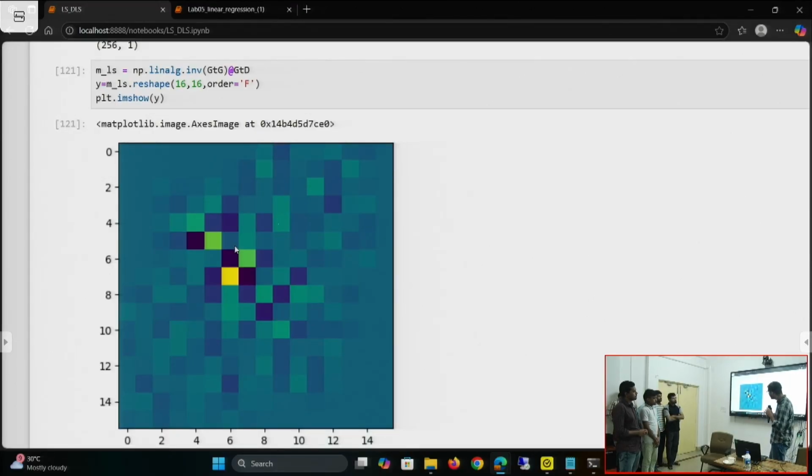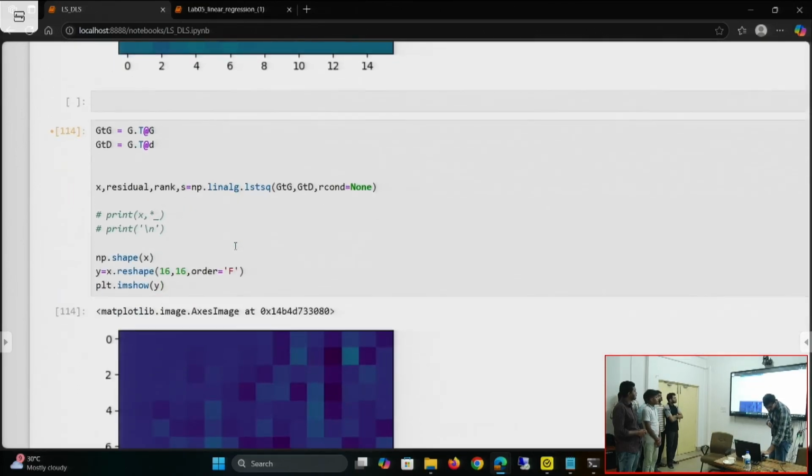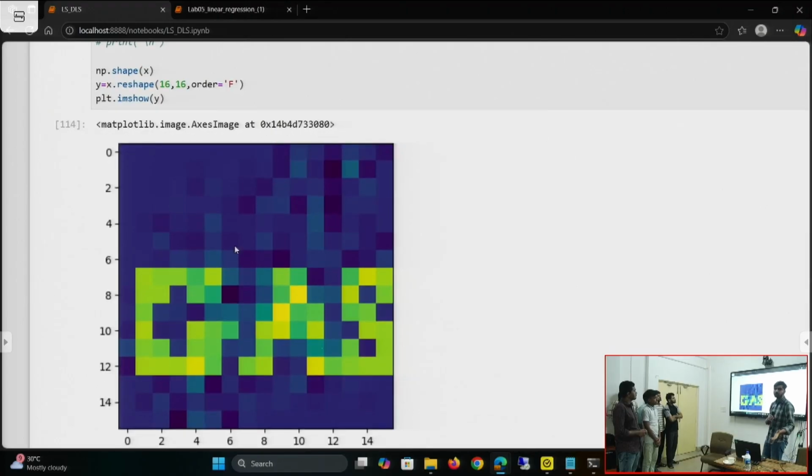We can include SVD as well if we change it to np.linalg.lstsq. We also tried with that. When we do that, we get a better solution because it is removing the small singular values. So we have plotted it.